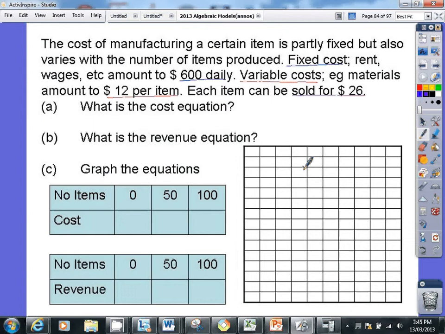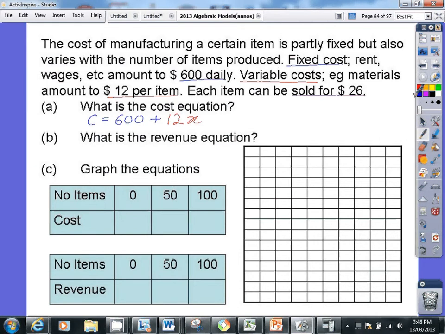Each of these bits of information relates to a different part of the cost equation and revenue equation. We've got fixed costs of $600 and variable cost of $12 per item. So the cost equation, C for cost, equals fixed costs of $600 plus 12 multiplied by x, the number of items.